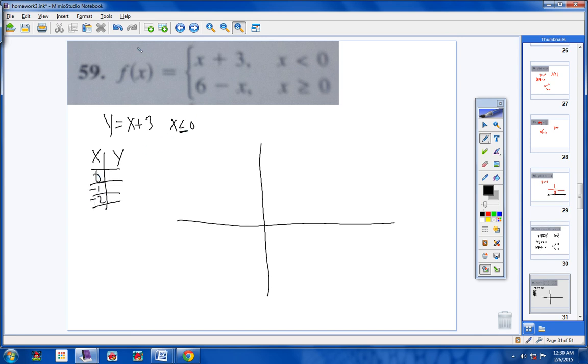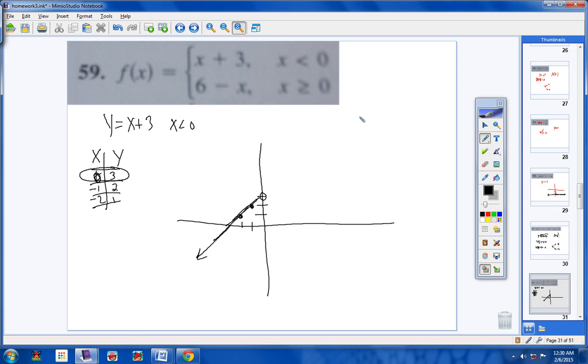Now there's no equal sign here, so x really isn't supposed to be 0. So I'm going to circle this to remind me there's a hole in the graph. Put a 0 in, get a 3, put a -1 in, get out a 2, put a -2 in, get out a 1. So (0, 3) is a hole. (-1, 2) is here. And (-2, 1) is here. Remember, whatever your first point is in your table of values, start there and draw the line. So there we go.